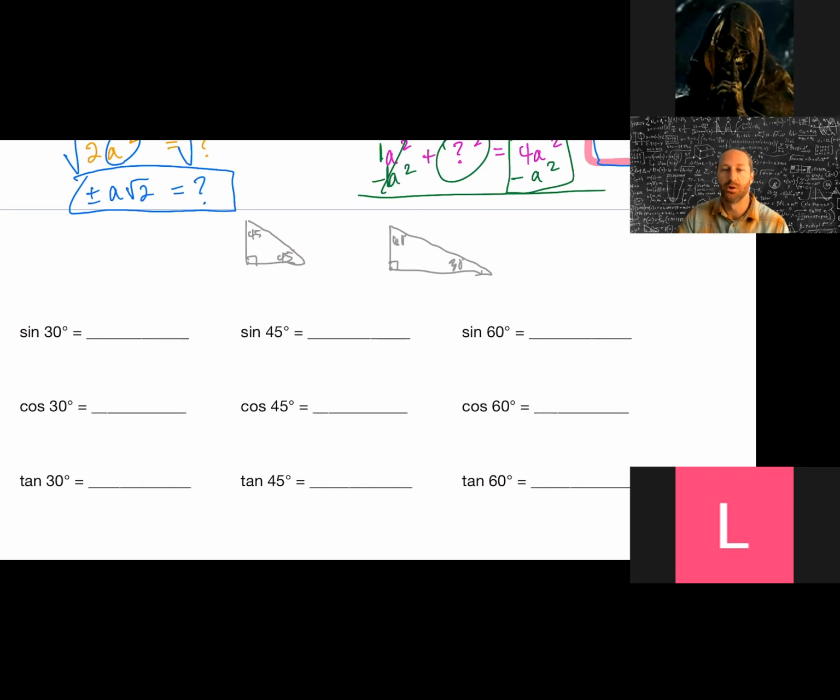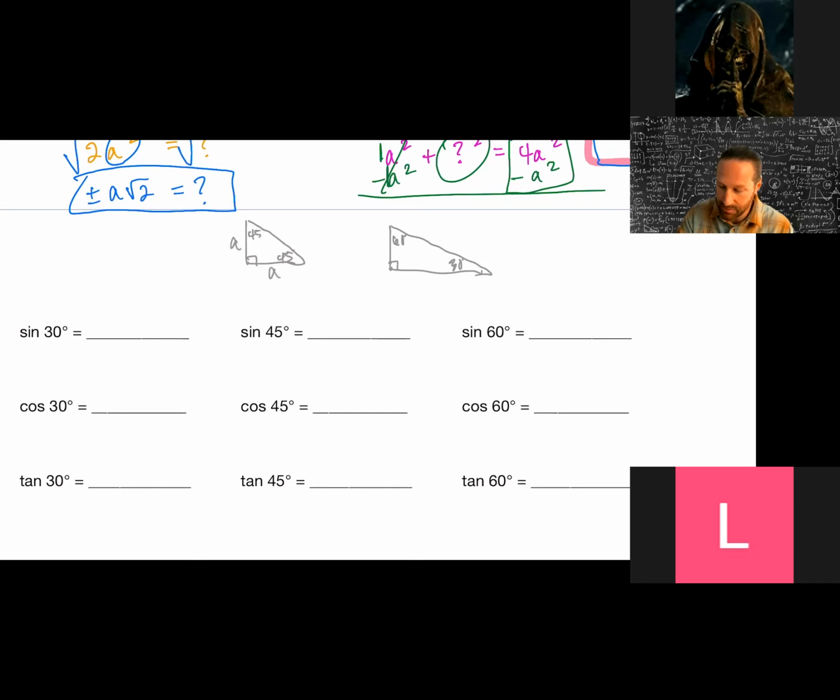And then what are the 30, 60, 90? Let's start with the easiest one, 45, 45, 90. What do you know is opposite the 45s? Is it a? It is.